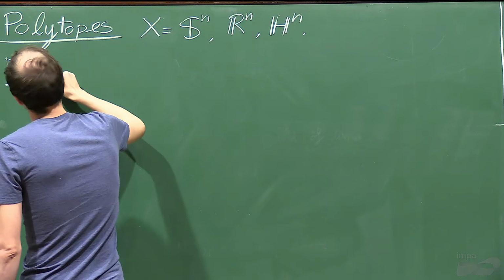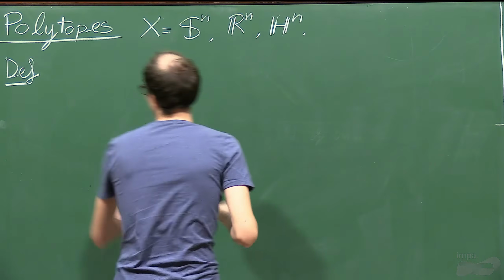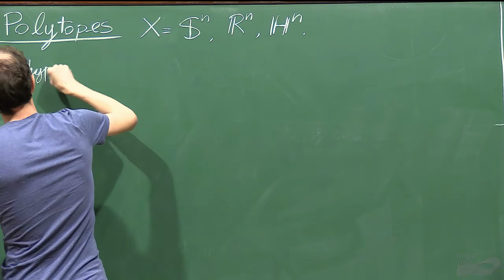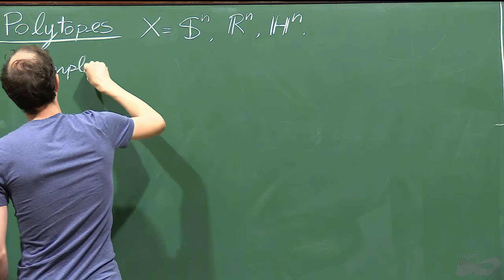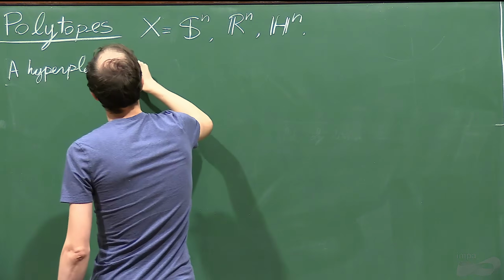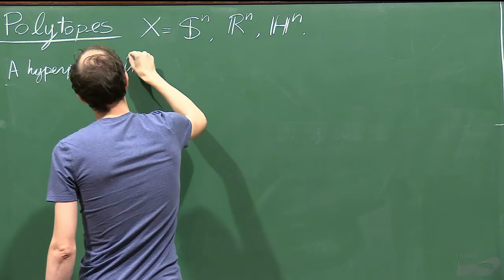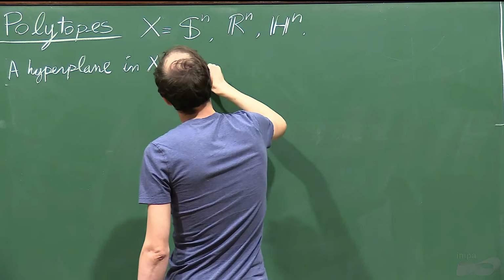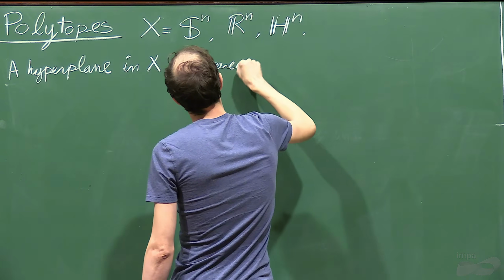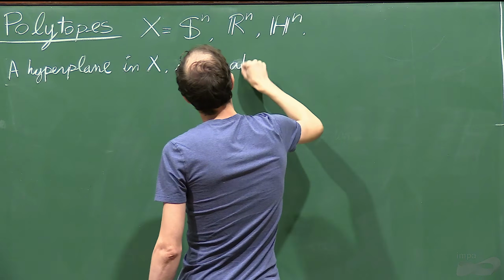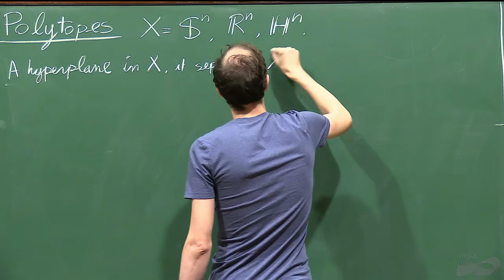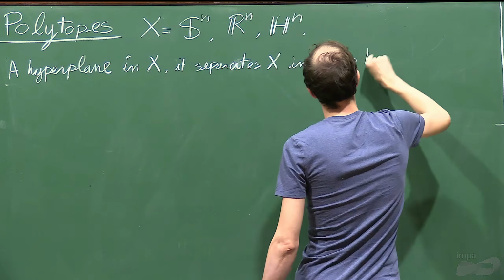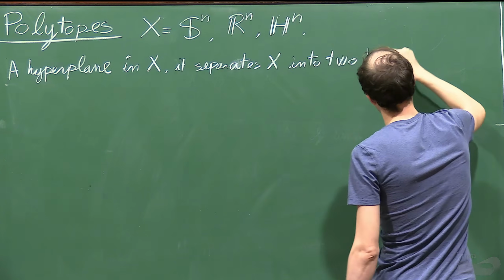So, okay, if I take a hyperplane in one of these spaces, it separates X into two parts we call half spaces.